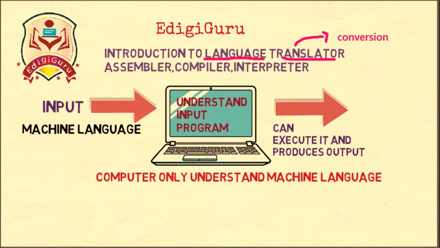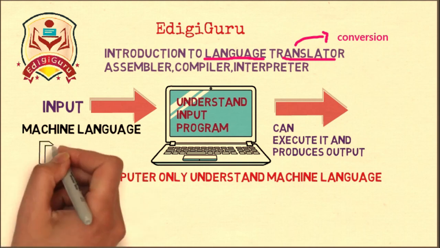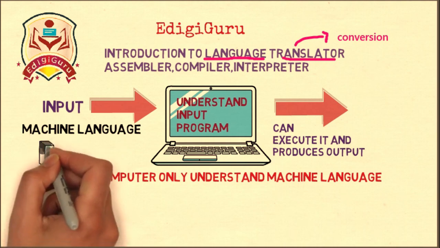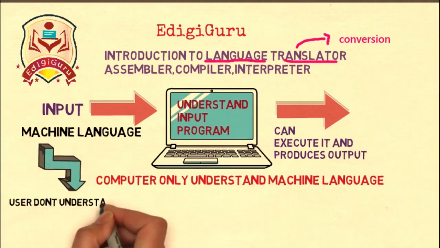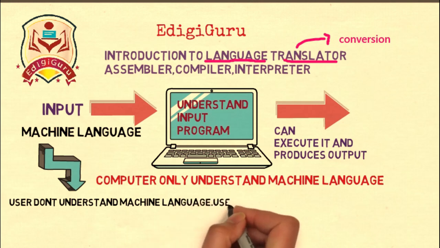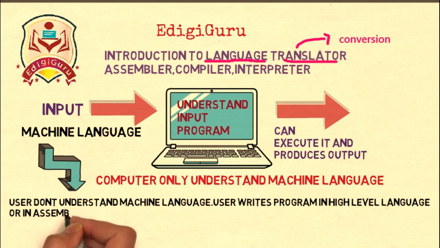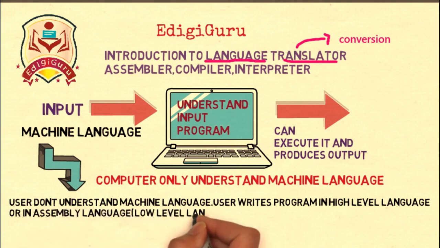We usually do not give the input to a computer in machine language, because the user usually writes the program in high level language or low level language or assembly language, since machine language is not that easy to understand. The user is comfortable writing programs in high level language or low level, meaning assembly, language.